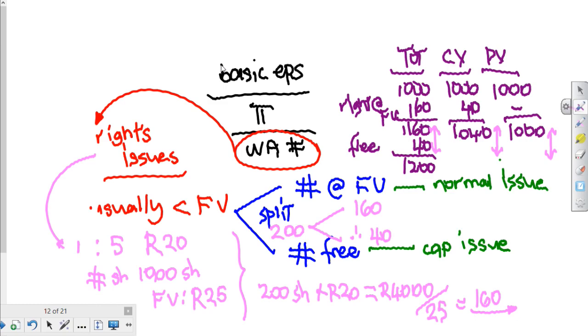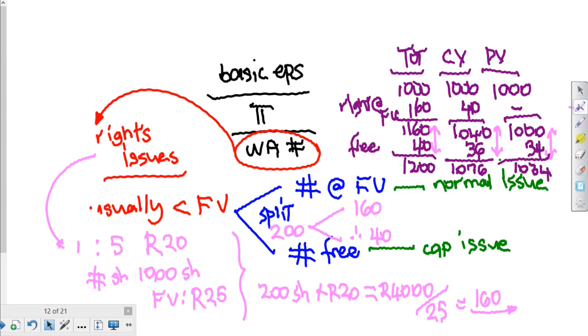And I get 36. I've just rounded it. And I get 1076. And then I do the same with 1,000. And I get 34. I've also just rounded it. And I get 1034.